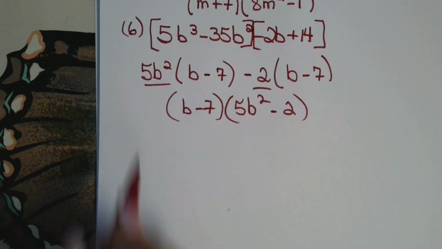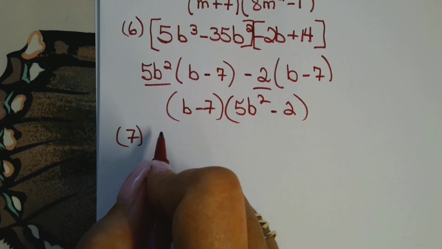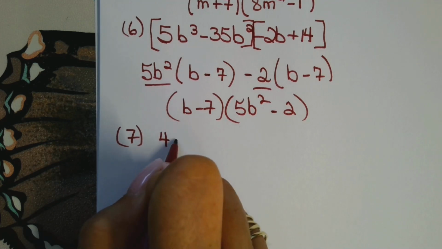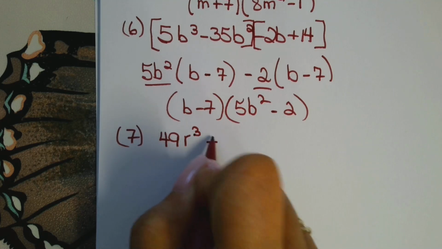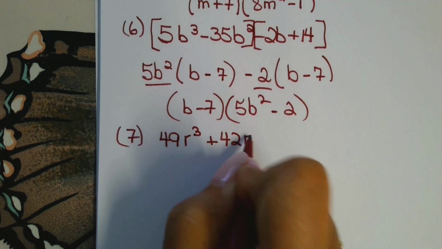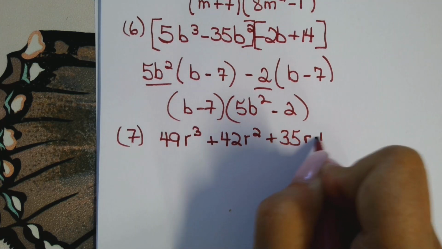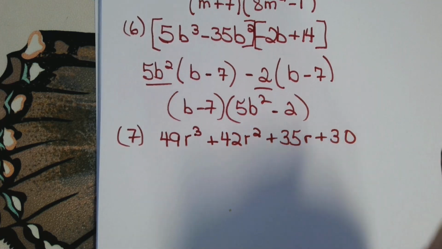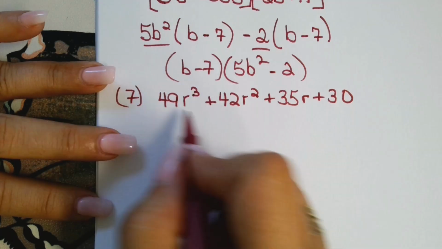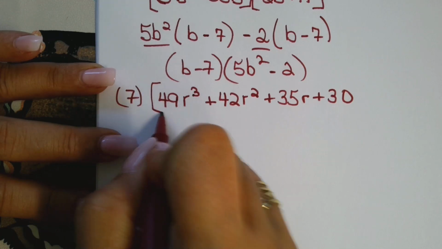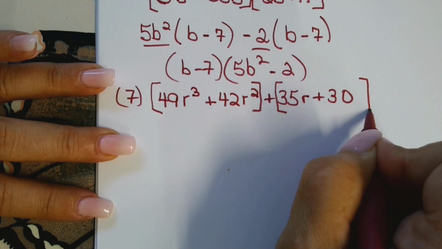Number 7, we have 49r to the third plus 42r squared plus 35r plus 30. So let's see what we can pull out. These two will be grouped together, and these two will be grouped together.